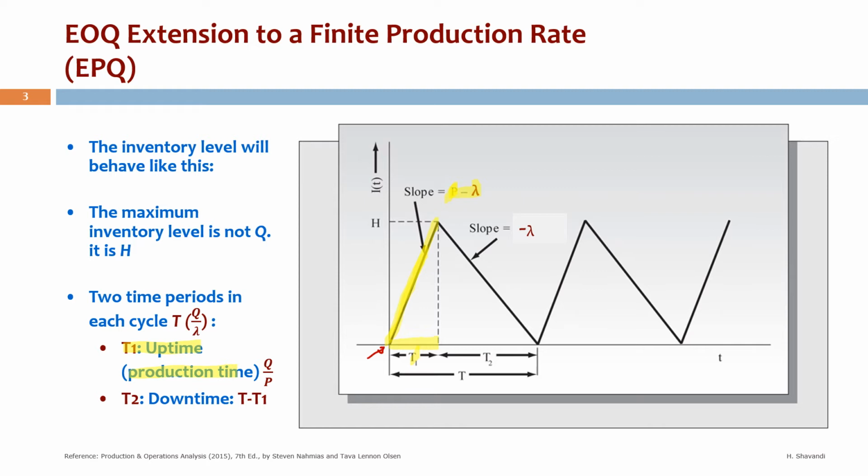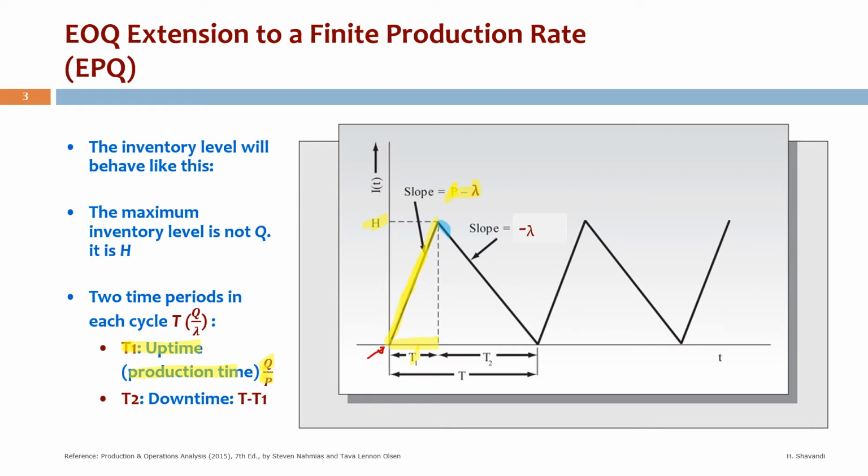Since we want to produce Q units and the production rate is P, the time to produce Q units will be Q divided by P. So the uptime T1 will be Q over P. Here we stop production, so we now have H units in our inventory. We call this the height, which is the maximum inventory level that we will have in our stock.